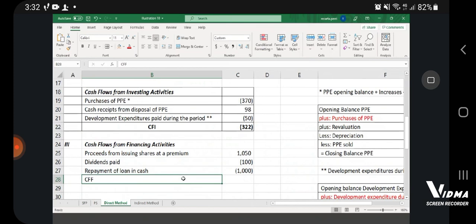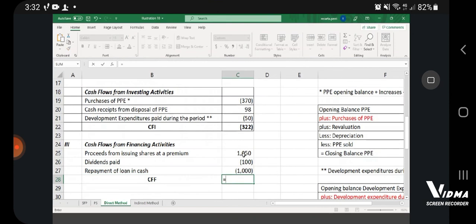This is, like we said in class, the moment of truth. Will the total of the cash flow statement be equal to the change of the cash and cash equivalents from the beginning to the end of the year? That would mean that we are correct in our calculations, or otherwise we would check for any mistake that maybe we have done. So the cash flows from financing is 50.